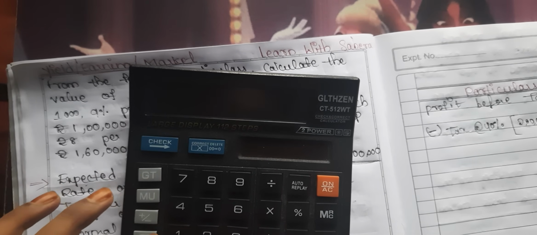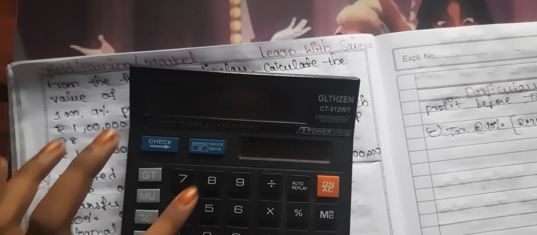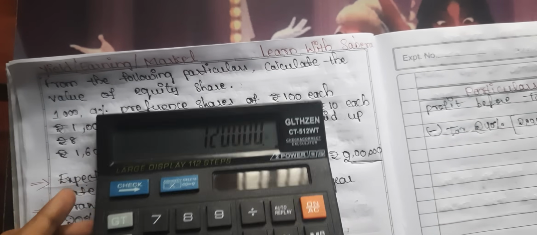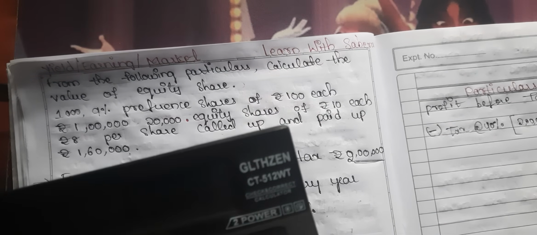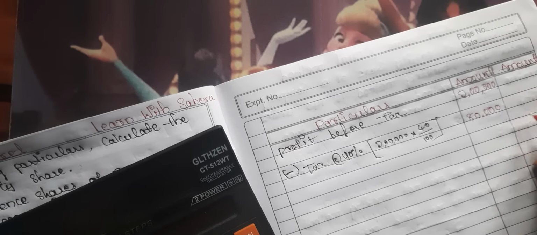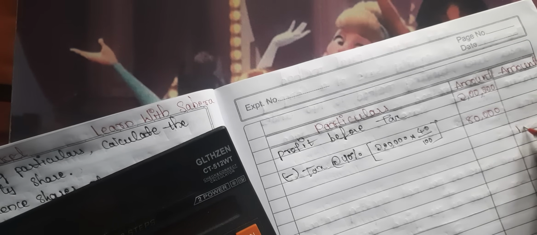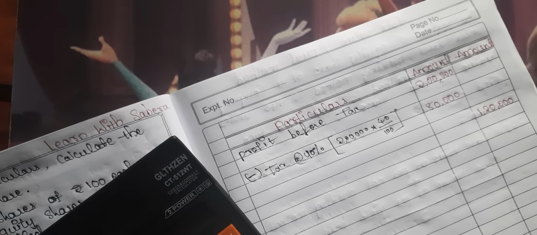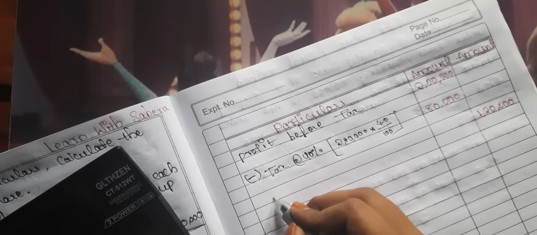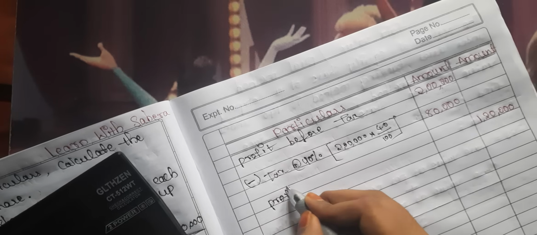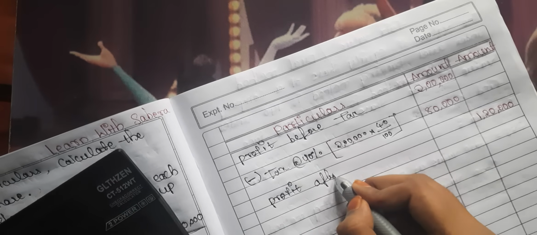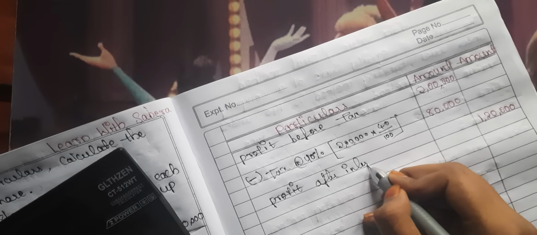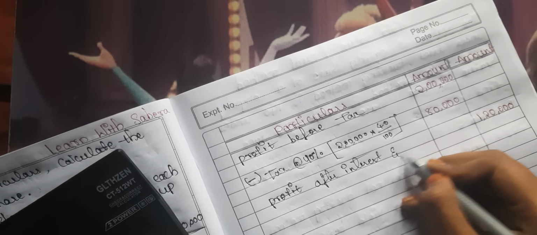Okay, so from 2 lakhs minus 80,000, how much is it? It is 1,20,000. Let me write 1,20,000 here. Okay, what is it? It is profit after interest and tax.